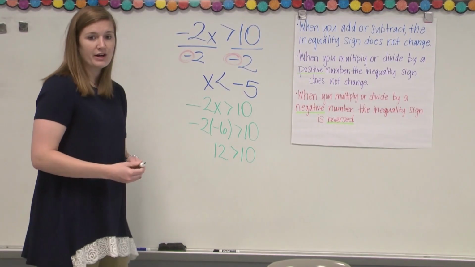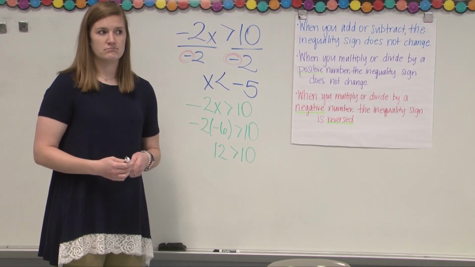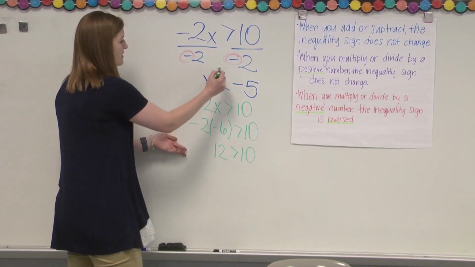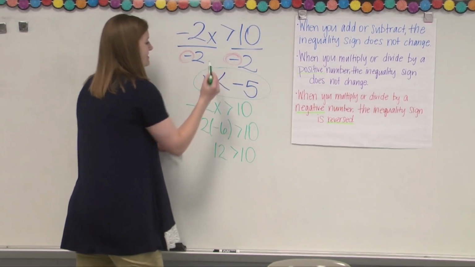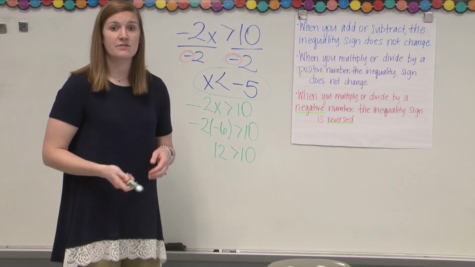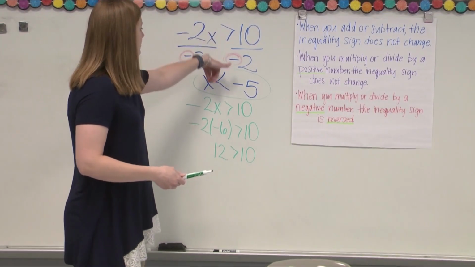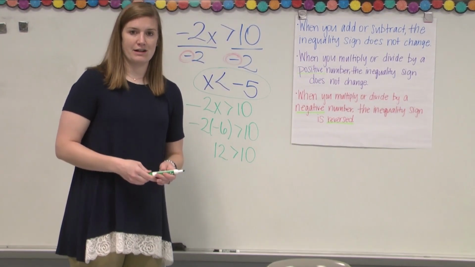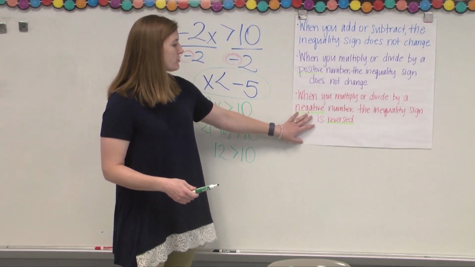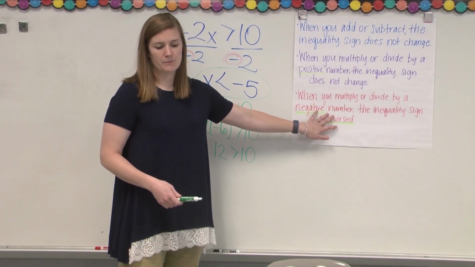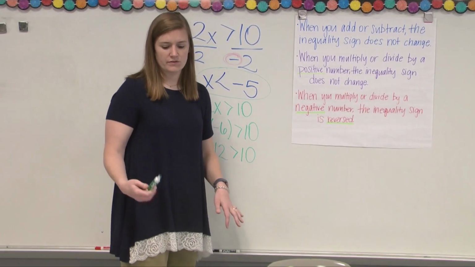Is 12 greater than 10? It is. So that means that this answer of x is less than negative 5 is correct. It means that we reversed that inequality symbol correctly. Because remember that when you multiply or divide by a negative number, that's when that inequality symbol gets reversed.